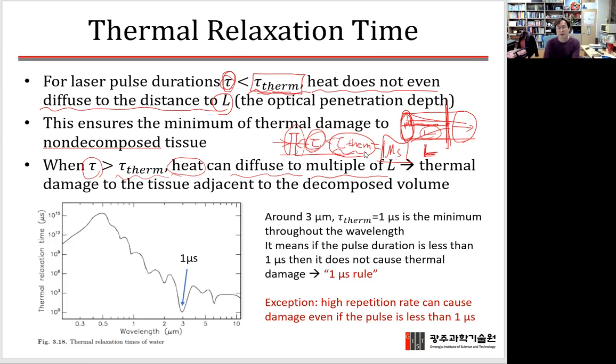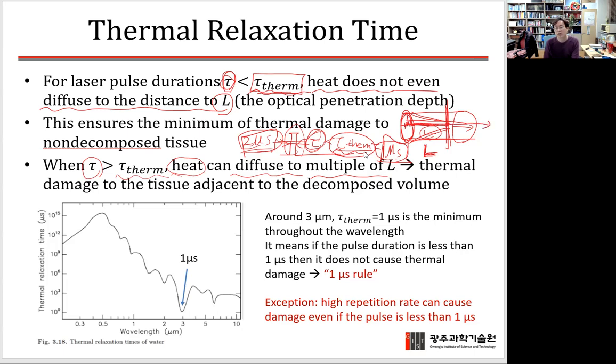But when you are giving a longer pulse duration, such as 2 microseconds, then optical penetration is the same as the air. However, since you have a longer pulse duration than the thermal relaxation time of 1 microsecond, now 1 microsecond of heat will be transferred into this air position, and then you have an extra 1 microsecond.